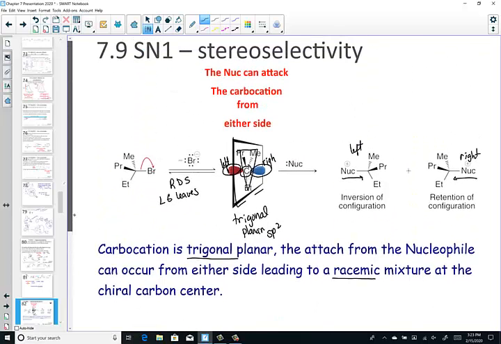But now in an SN1 reaction, the leaving group leaves, and we have an equal opportunity for top or bottom attack. Because that trigonal planar carbon allows you to attack from the bottom or the top, or you could think about left or right, you could have inversion and retention, leading to a racemic mixture at the chiral center.